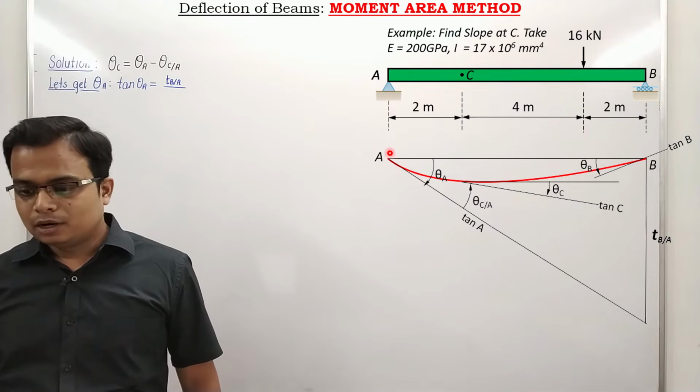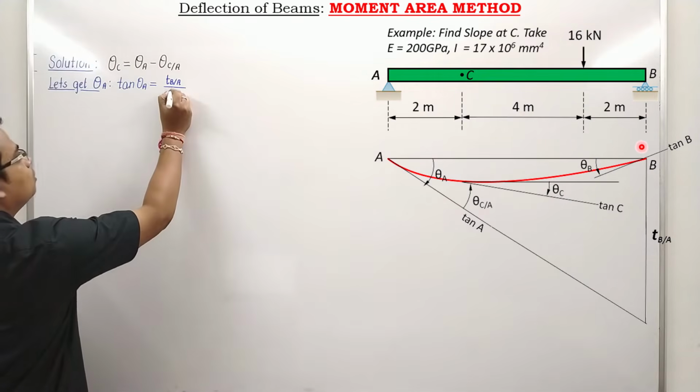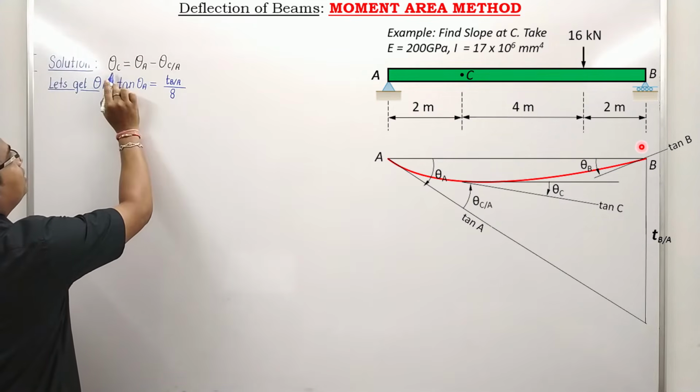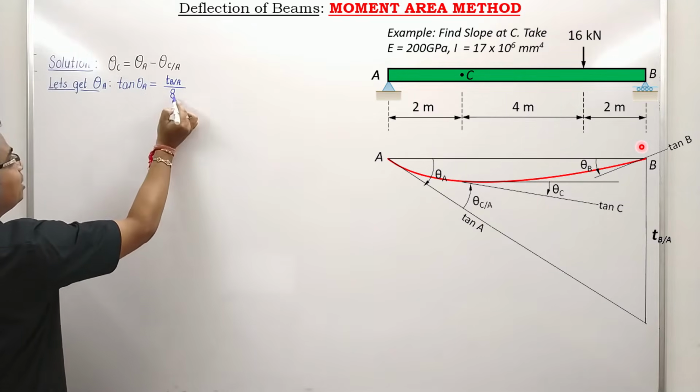How much is the base? 2 plus 4 plus 2, that is 8. Simple. Again, to find theta C, you need to find theta A as well as theta C to A. To find theta A, you need to find these two.